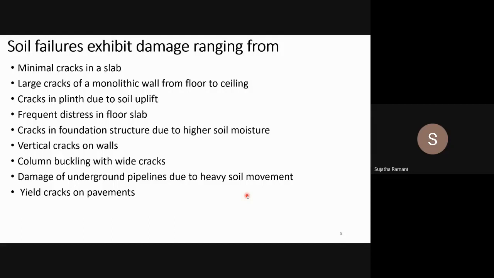These cracks can also be due to the change in the moisture content. They can manifest themselves on the wall, or you can see column buckling, and then pipelines that are damaged, or pavements that are surfaced with a lot of cracks. So this is how soil failures will manifest themselves in the structure that they are bearing.